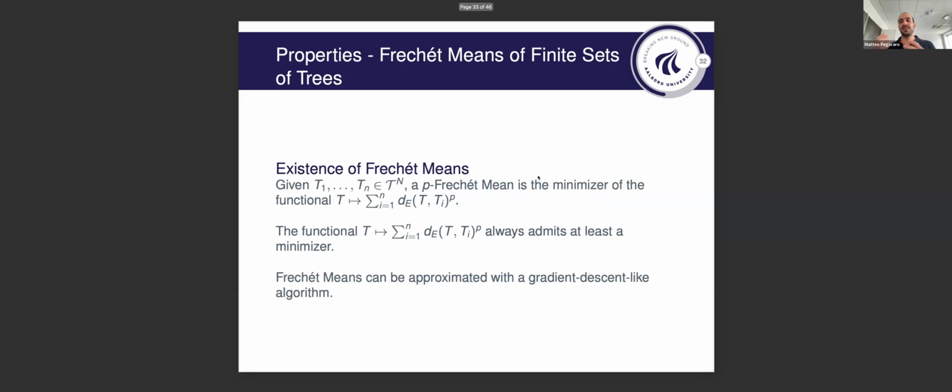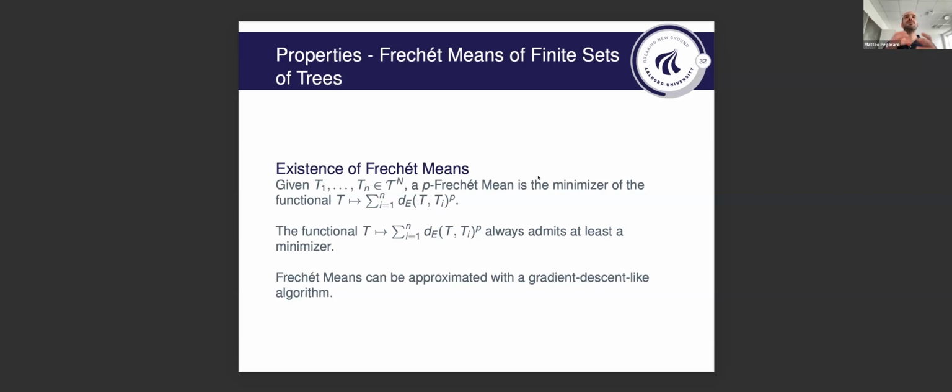With all these results, what I was able to prove is that, at least in this metric space of merge trees, we have some notion of mean, because the Fréchet functional, which gives a generalization of the Euclidean mean, always admits at least one minimizer.